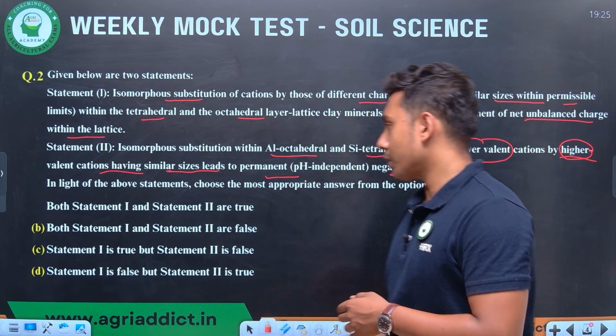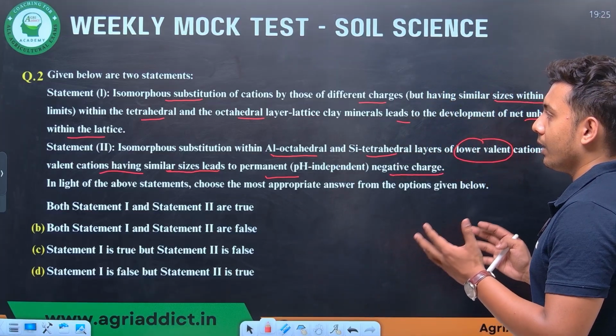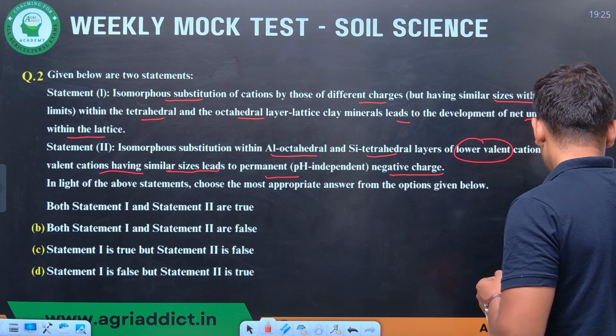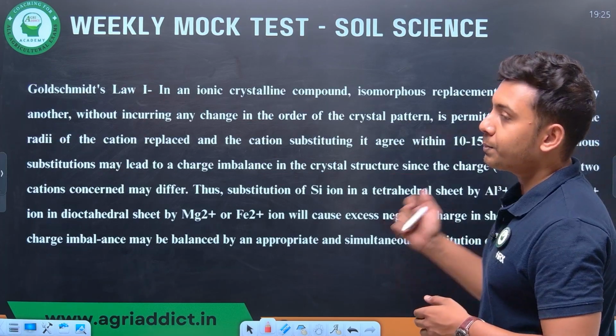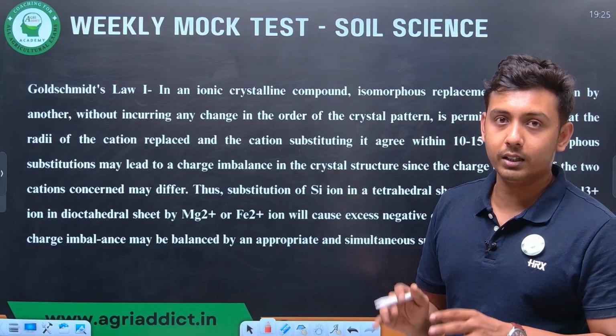For this, first we have to discuss the major principle of isomorphous substitution. For this, Goldschmidt's law is there. Two laws are there, and the first law is very important in this case.